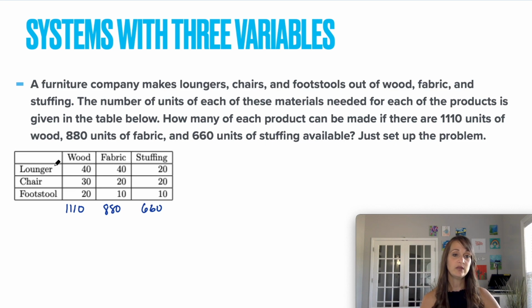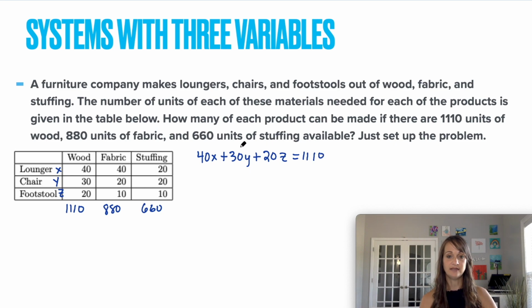Now, we could use L, C, and F, or you could just use X, Y, and Z to represent each different type of product. And so we're just going to write it as we read it. So 40X plus 30Y plus 20Z will equal 1,110.